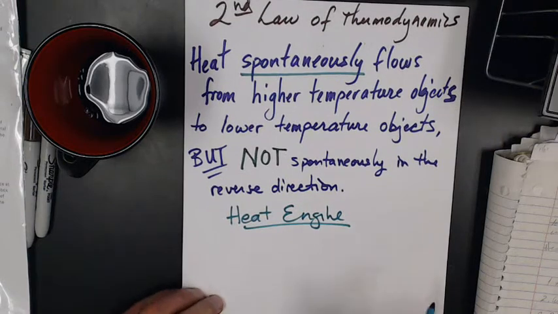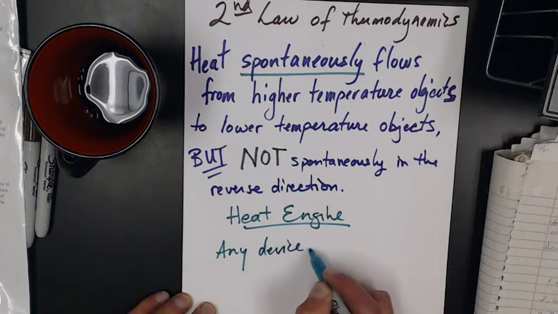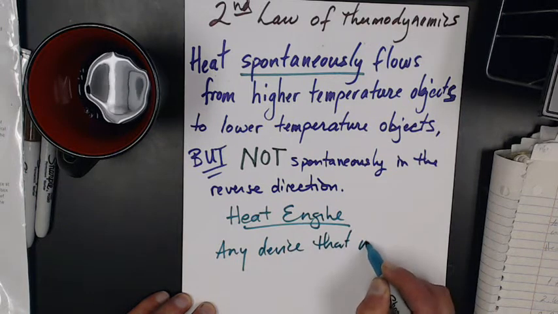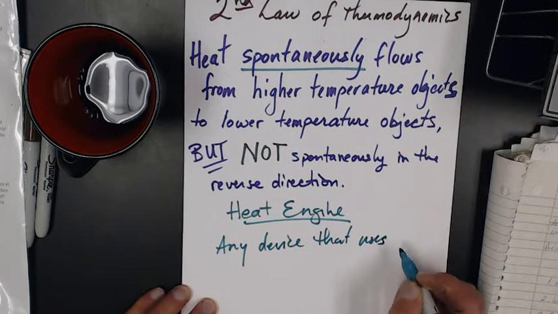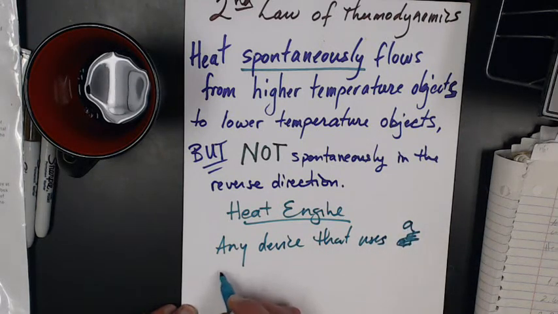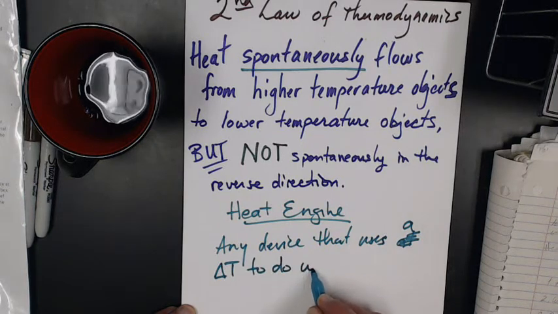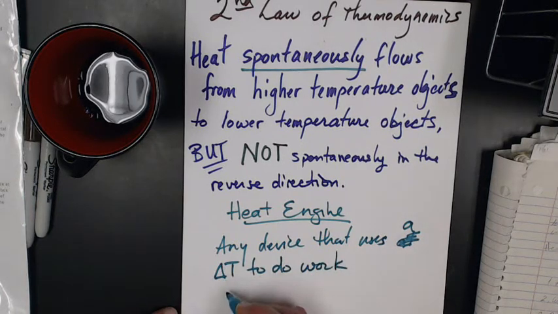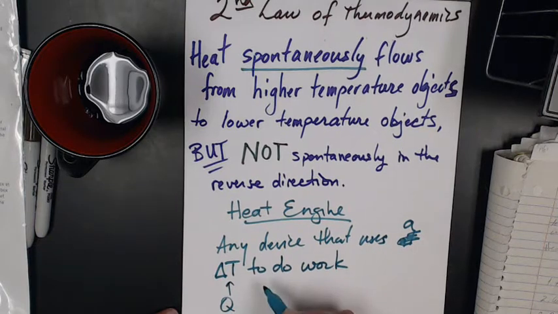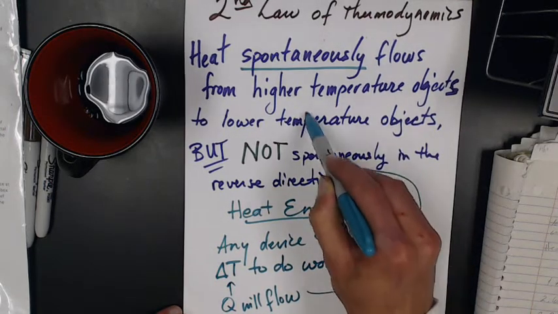A heat engine is any device that uses a temperature difference, that uses a delta T to do work. Because without delta T, Q will flow, which then goes back to this one.